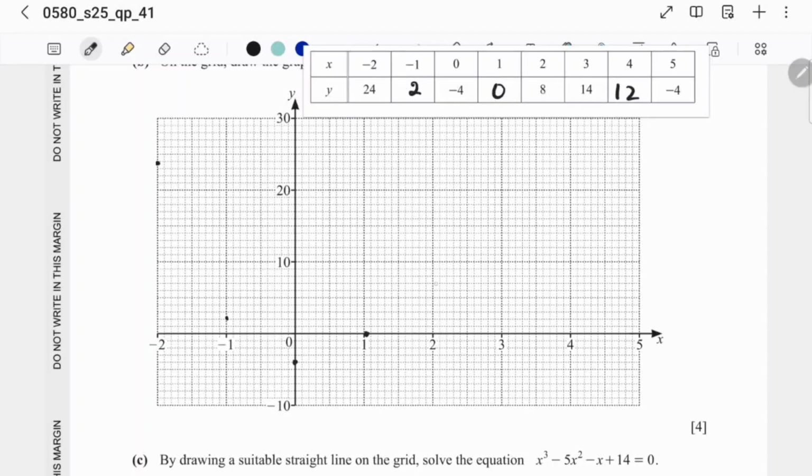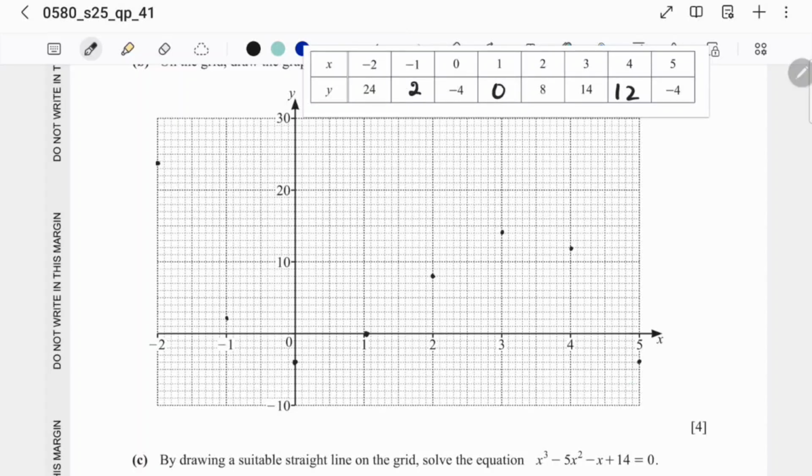And then 2 and 8. And then 3 and 14. And then 4 and 12. And then the last point is 5 and minus 4.